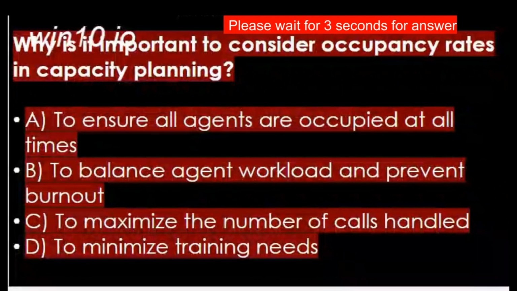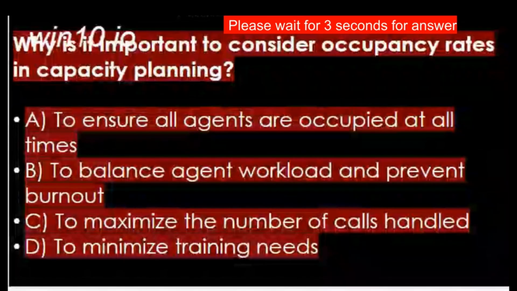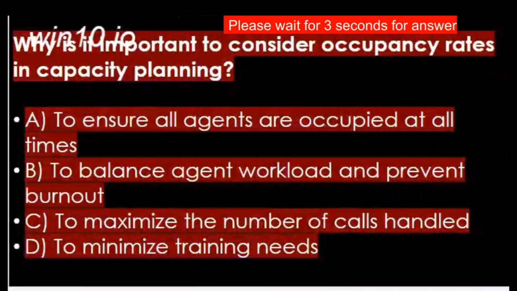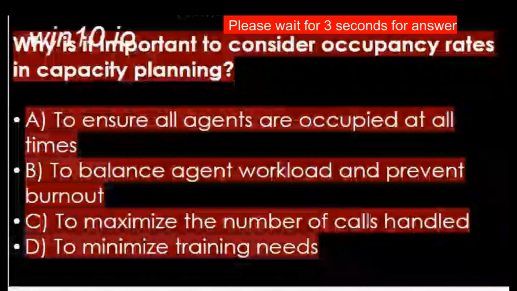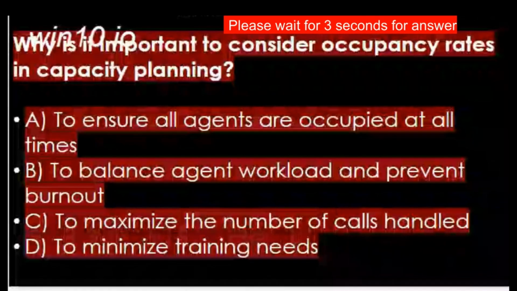Correct answer for this question is option B, to balance agent workload and prevent burnout. First of all, we have to understand what is occupancy. Occupancy means for how much time the agents are actually occupied on the calls. The ideal occupancy should be 80%. It means that out of 100%, 80% of the time, agents should be occupied on the task given or assisting customers.